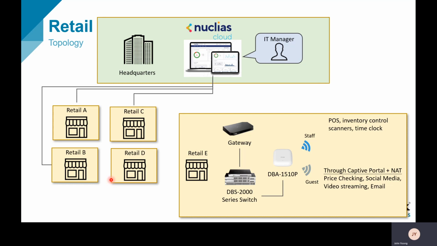We can provide the guest's own DHCP server, so once guests connect to this network they will not be able to interrupt your main network at all. So it's very secure, and it also provides a new subnet for the guests so they can do price checking, social media, and video streaming also.